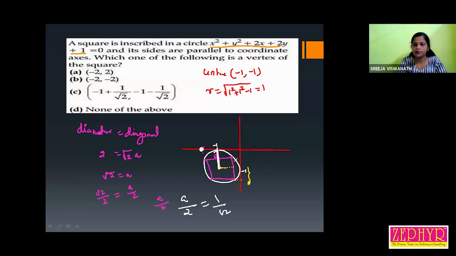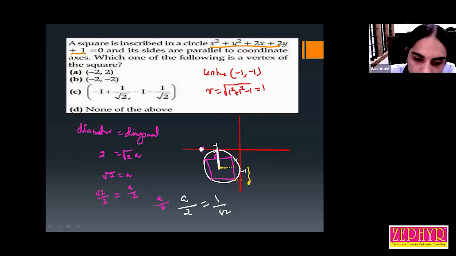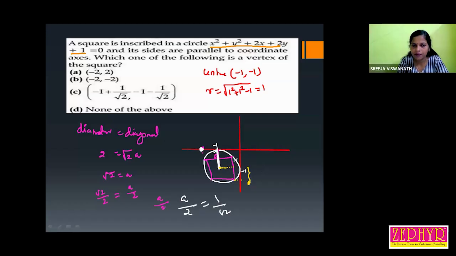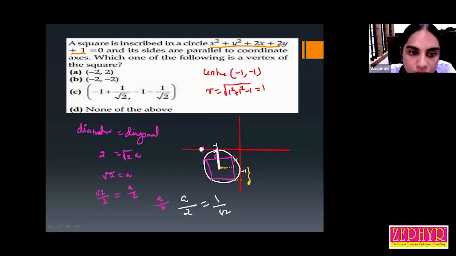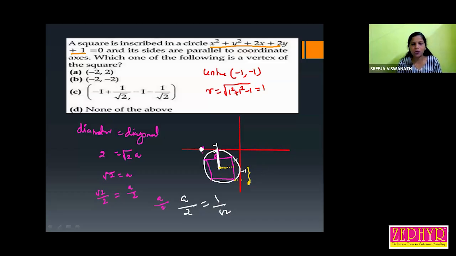How we get that? Option C is the answer. But plus 1 by root 2 and minus 1 by root 2 എങ്ങനെ കിട്ടി? Anyone?